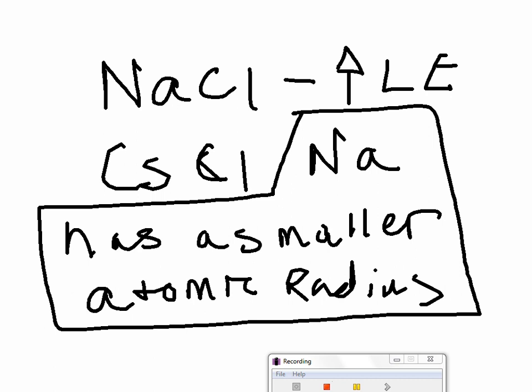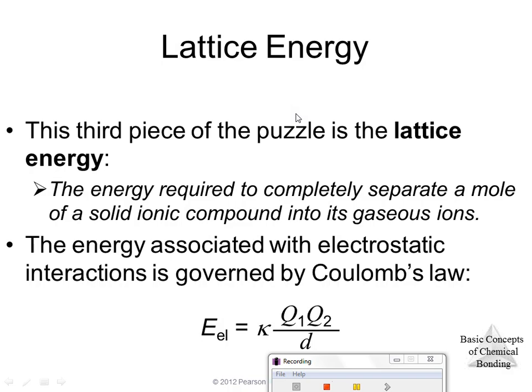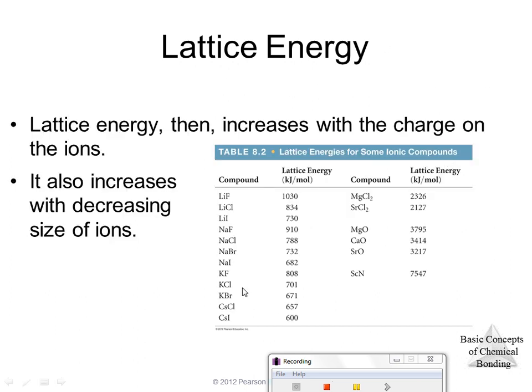If you go back to the original equation, the bigger the charge is, the bigger the lattice energy. And as you get the ions closer together with lower distance, that also makes the lattice energy go up. When we put this together into the equation, this makes sense with sodium chloride.